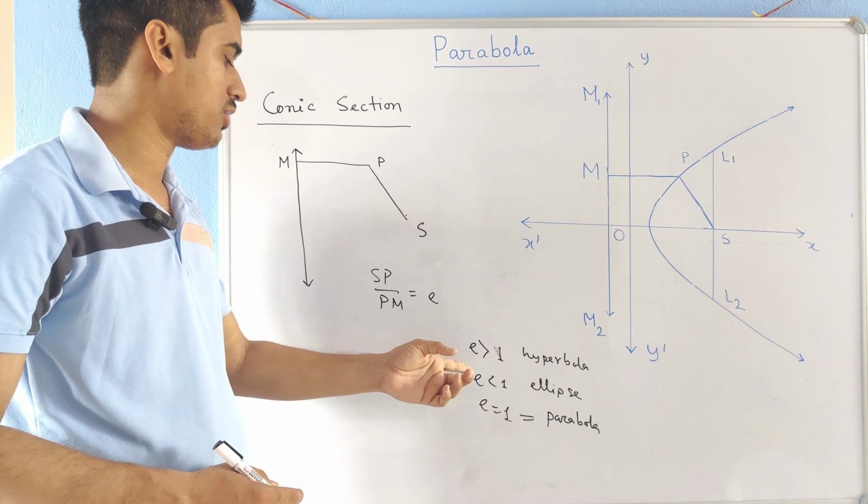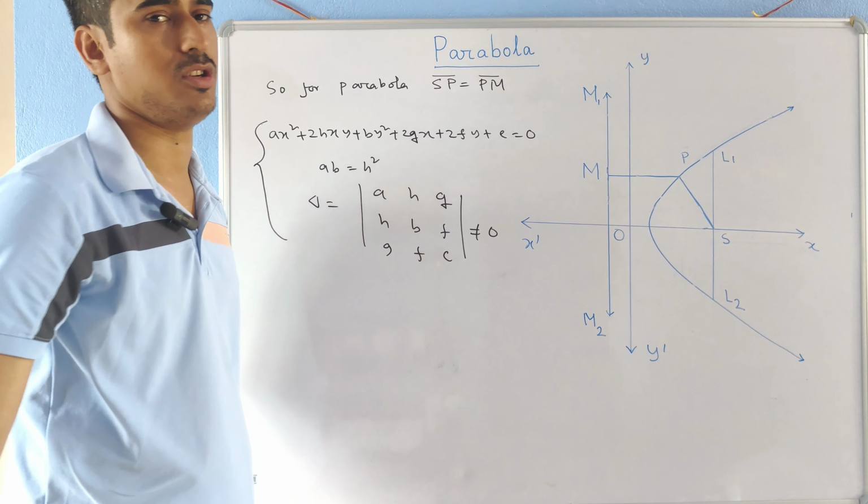So, the condition for a general equation of second degree to be a parabola is ab equals h square, and delta, that is the determinant with rows a, h, g; h, b, f; g, f, c, not equal to 0.